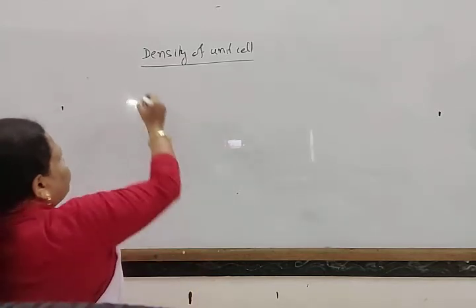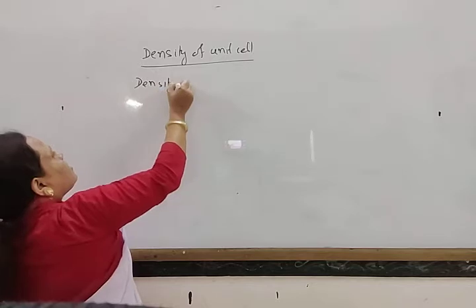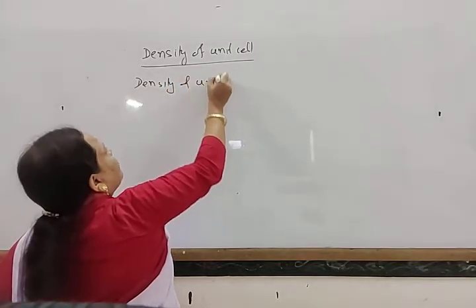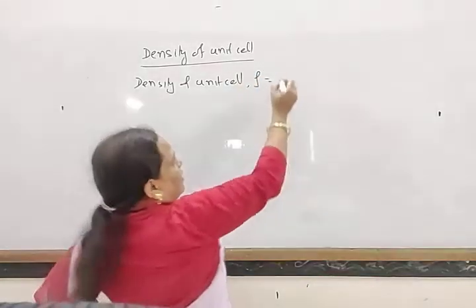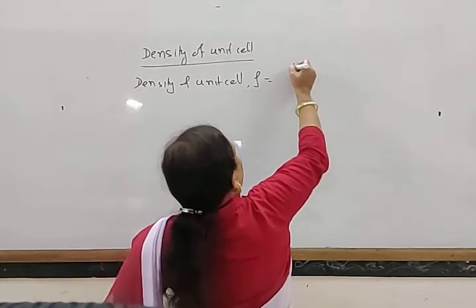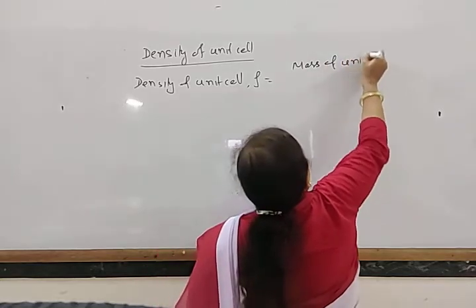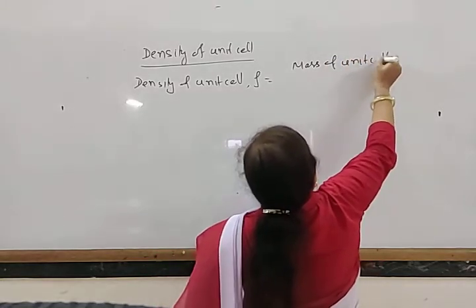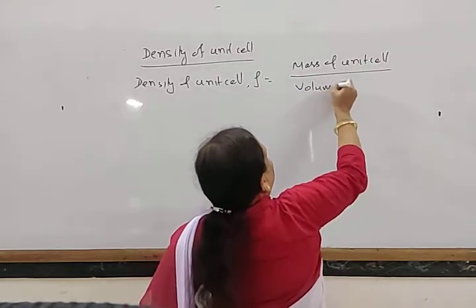So we know that density of unit cell, rho, equal to mass of unit cell divided by volume of unit cell.